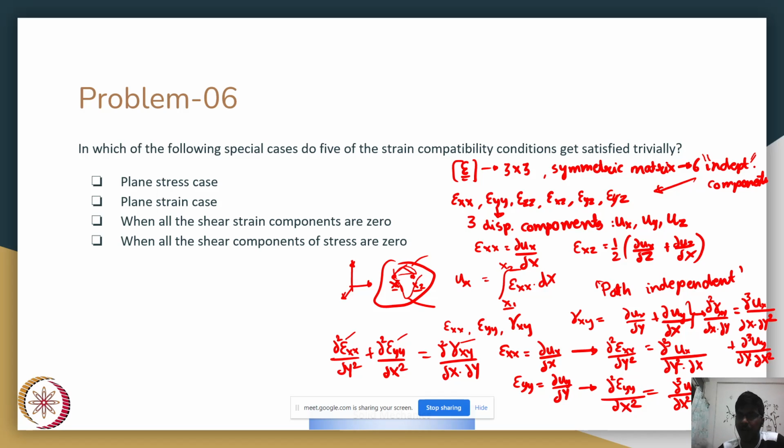So they are not actually independent, even if it may seem so. The other way to think of it is, if you end up taking six functions for all of these components, you need to ensure that the strain compatibility conditions are satisfied, all six of them.